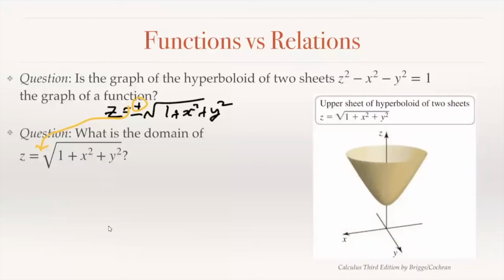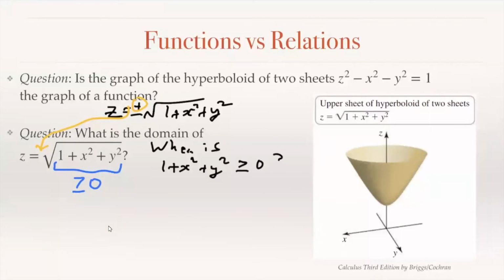And what is the domain of this function? Take a moment to think about that and pause the video. Okay, so we know that this must be greater than or equal to 0 since it's underneath the square root. So we're asking the question, when is 1 plus x squared plus y squared greater than or equal to 0?